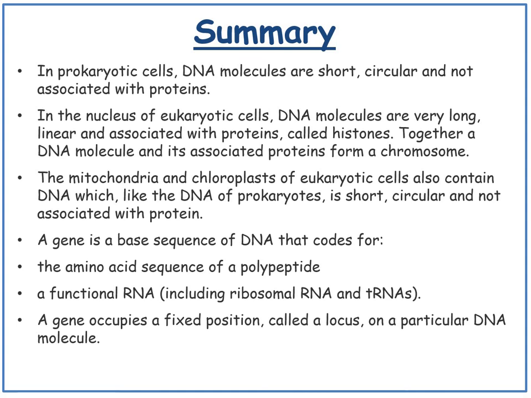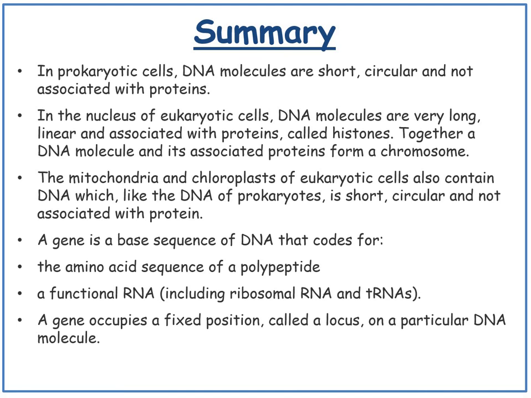So in summary, in prokaryotic cells, DNA molecules are short, circular, and not associated with proteins. In the nucleus of eukaryotic cells, DNA molecules are very long, linear, and associated with proteins called histones. Together, a DNA molecule and its associated proteins form a chromosome.